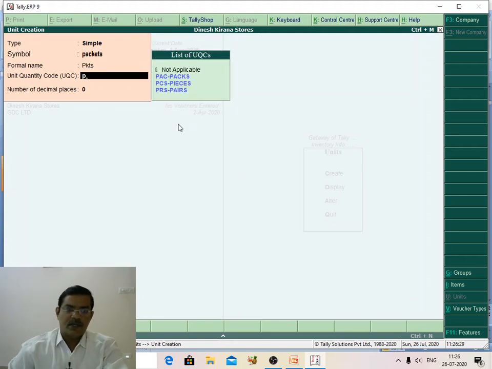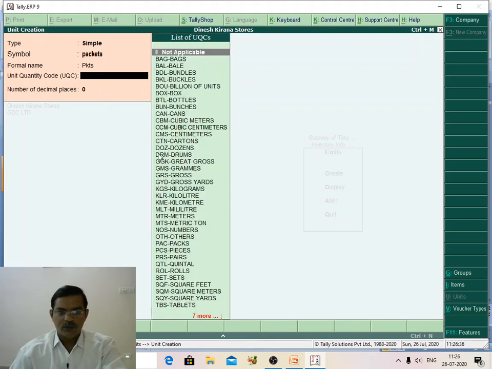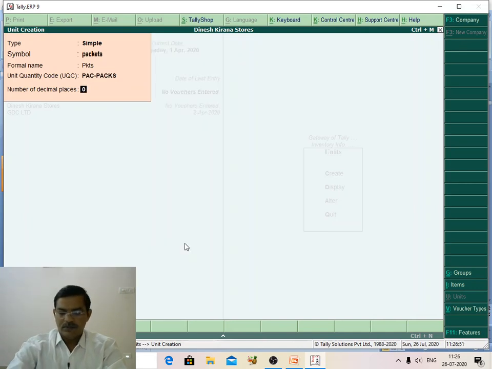Here you can select number of packs. Now select. So I have created the first step, the units of measure.